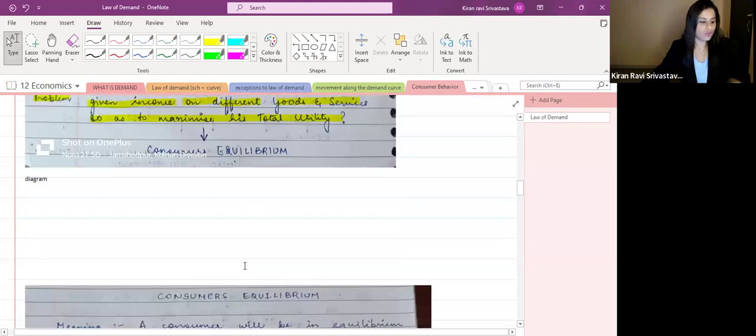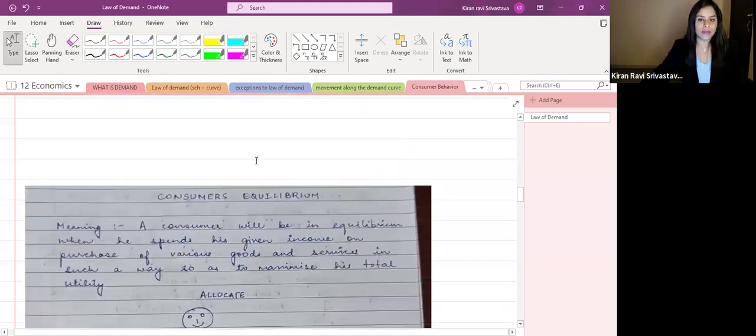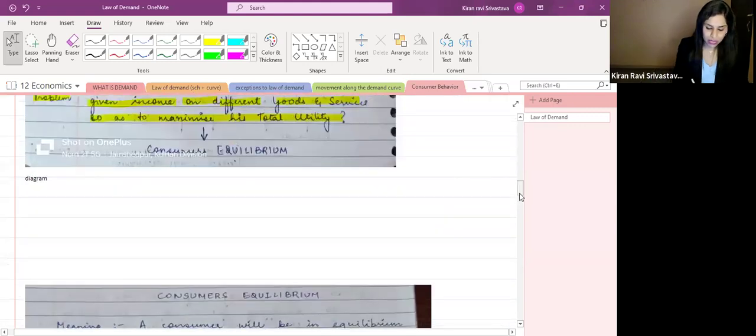I'll draw something so that maybe you will remember this theory with the help of this diagram I have drawn here. We have a consumer we call Mr. Bunty.